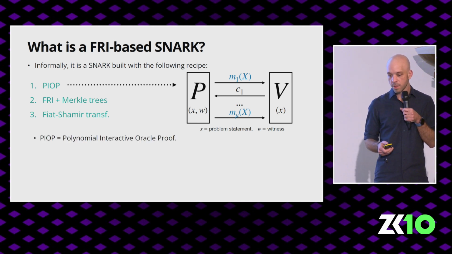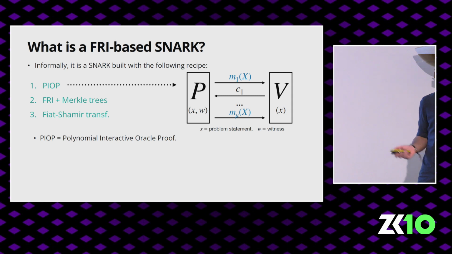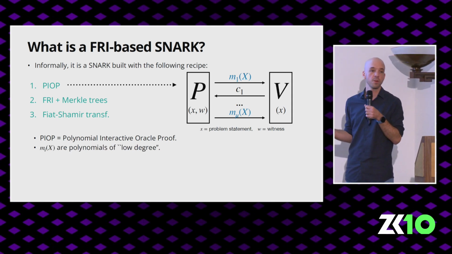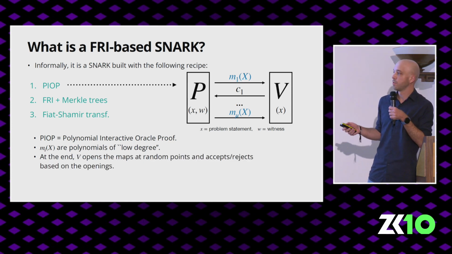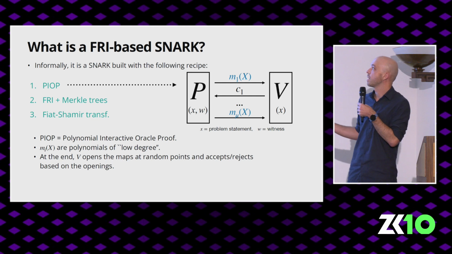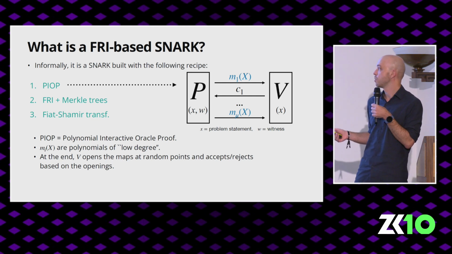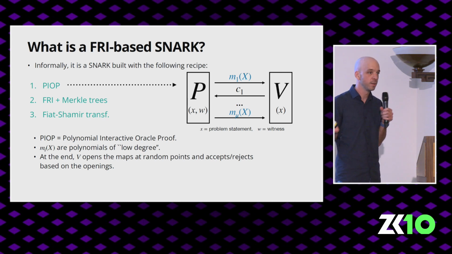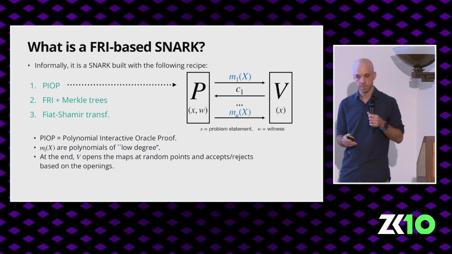The particularity of a PIOP is that the messages that the prover sends are polynomials of low degree. At the end of this interactive phase, the verifier opens these polynomials at random points, and based on whether or not these openings satisfy some algebraic relations, it accepts or rejects the proof.